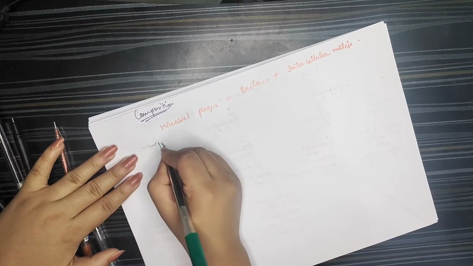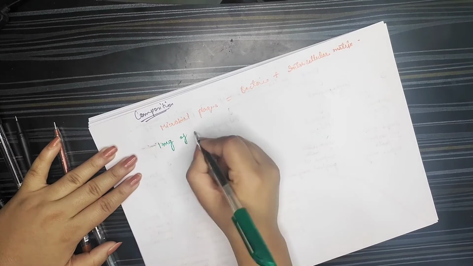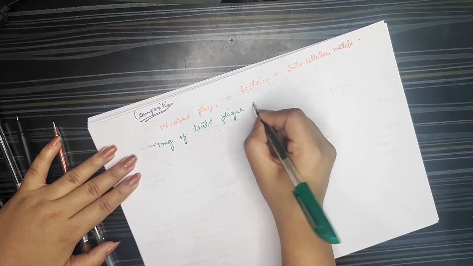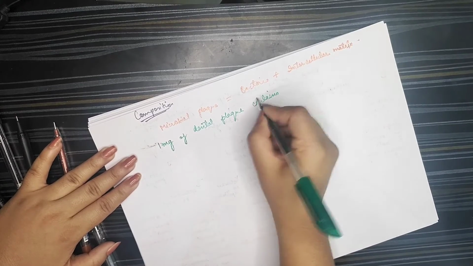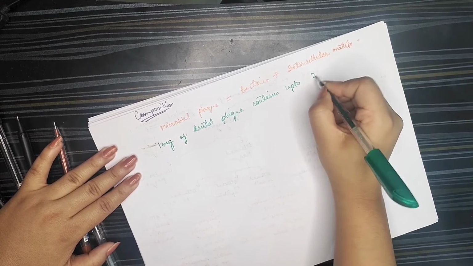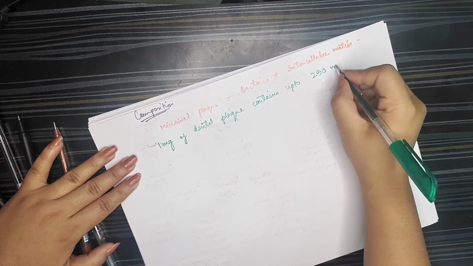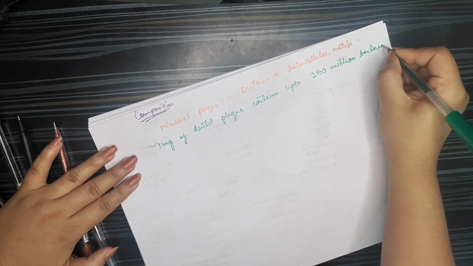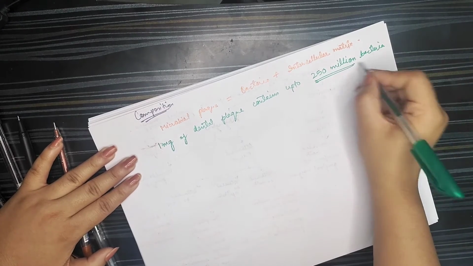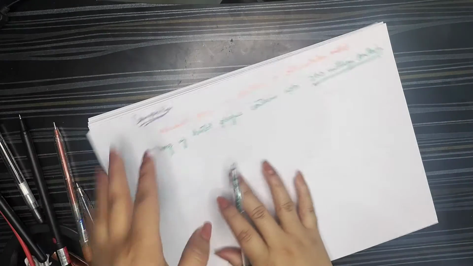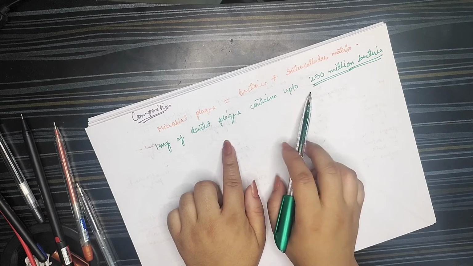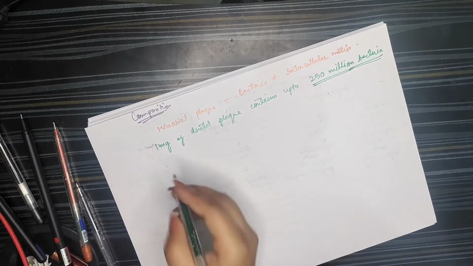And 1 mg of dental plaque contains up to 250 million bacteria.